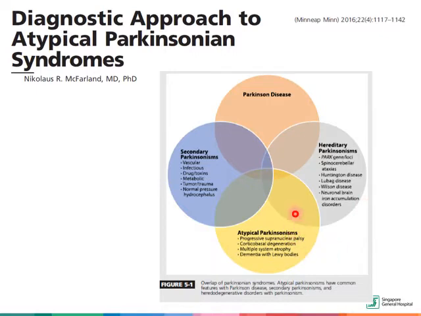And then we have the atypical Parkinsonism, which includes progressive supranuclear palsy, cortical basal degeneration, multiple system atrophy, as well as dementia with Lewy bodies.